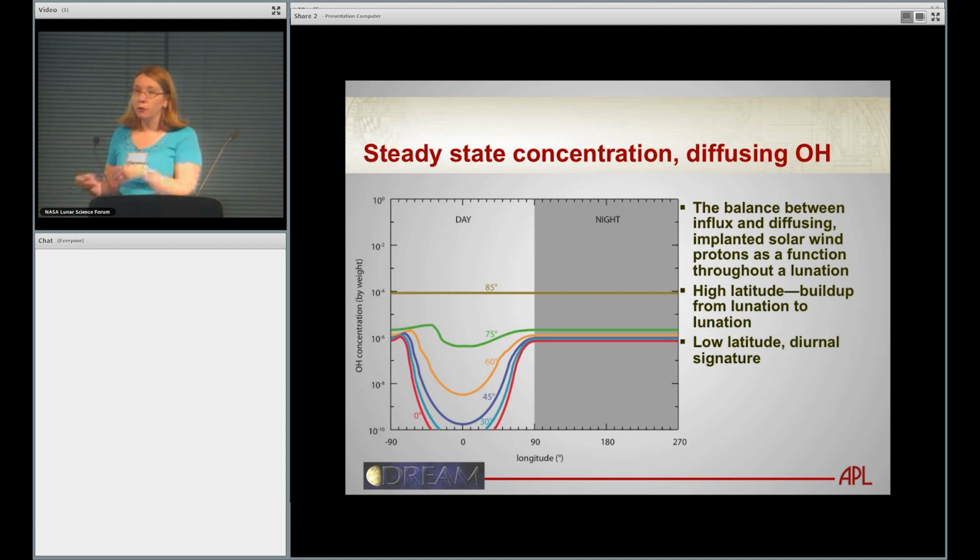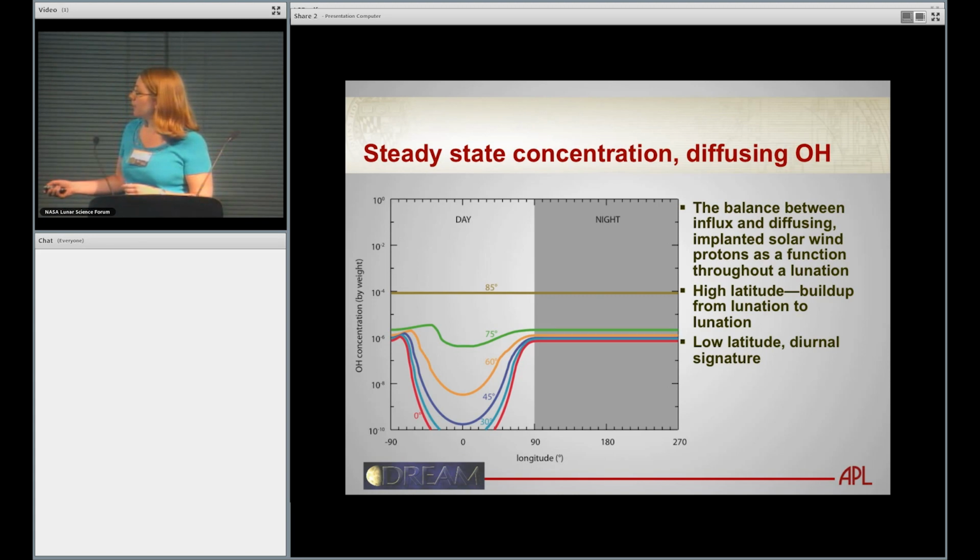So you get a buildup as the sun rotates of OH. And so your concentration is flat, so you wouldn't get any sort of diurnal change because it takes longer than illumination for it to diffuse out. But at lower latitudes, the diffusion time is shorter than illumination.